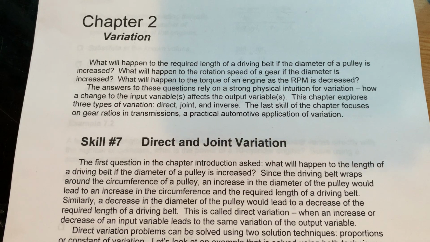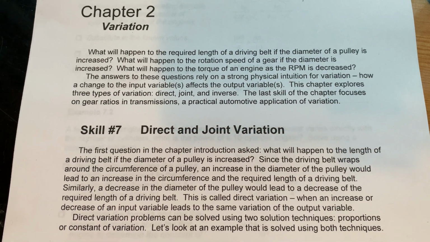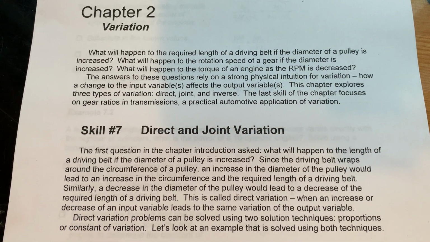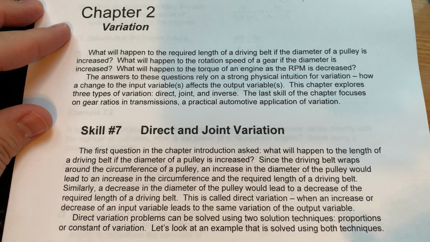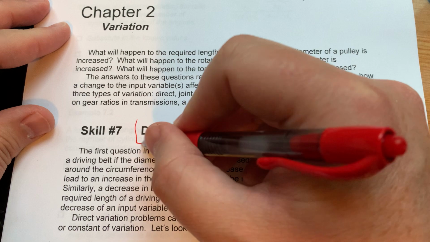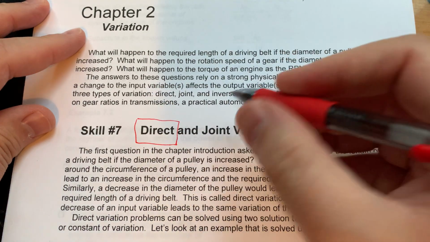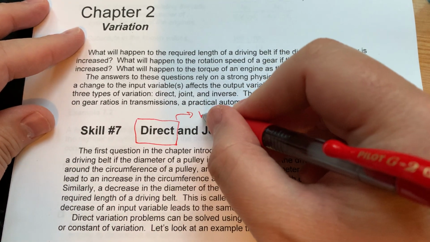So direct variation, I'm not necessarily explaining this exactly as it is here in the book. But direct variation is where you have two variables and the behavior is linked.